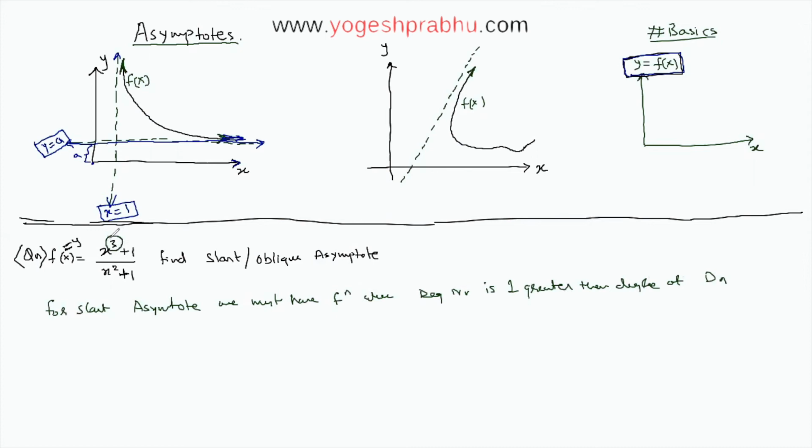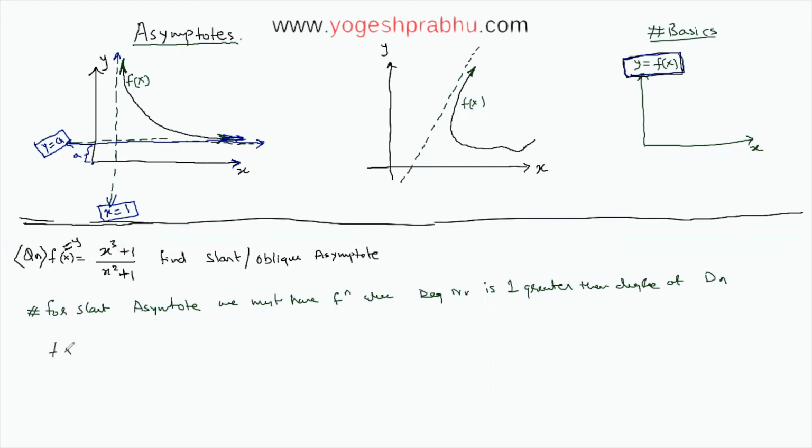Do you see it is over here? The degree of the numerator is 3 and the degree of the denominator is 2. Now when this condition is fulfilled, you will definitely have a slant asymptote over here. And to find that slant asymptote, you basically do the division.